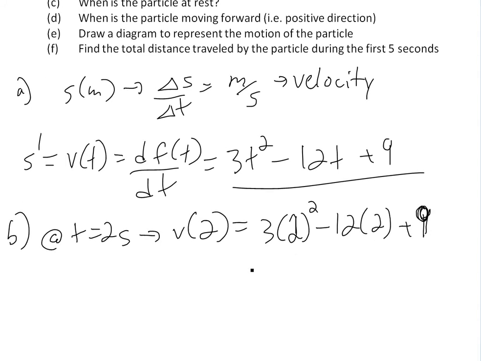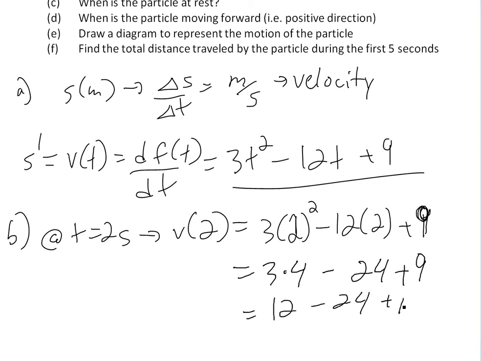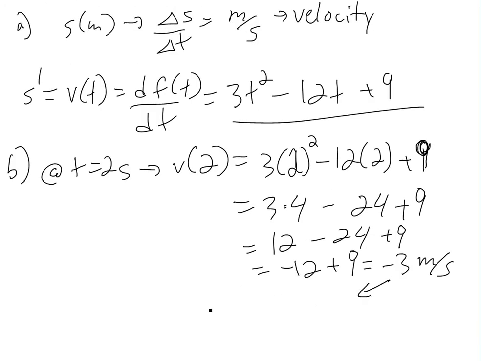If we solve this, it's 3 times 4, which is 12, minus 24 plus 9. 12 minus 24 is negative 12, plus 9. This equals negative 3 meters per second. And the negative means it's moving backwards in this application.